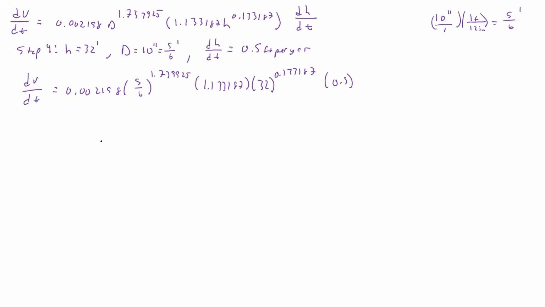Now I know we have to remember to put that whole thing in parentheses. We just can't say this times 5 divided by 6 to that power. We have to be sure to put parentheses here. And so maybe we should write this one out in our calculator to show that.